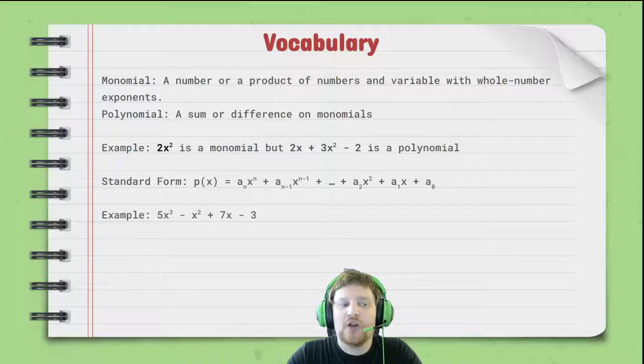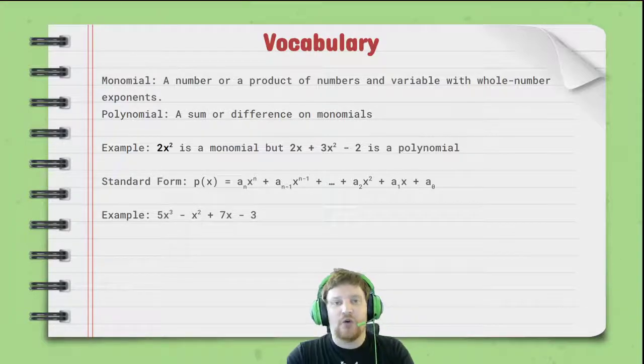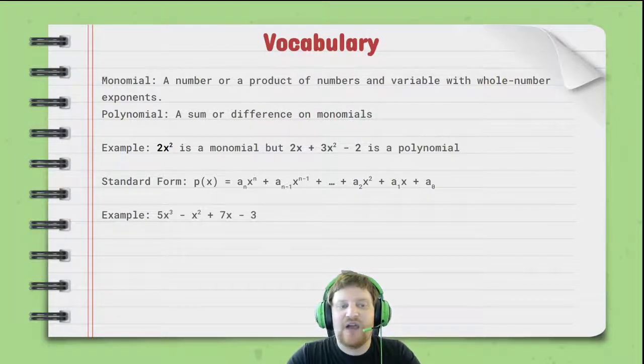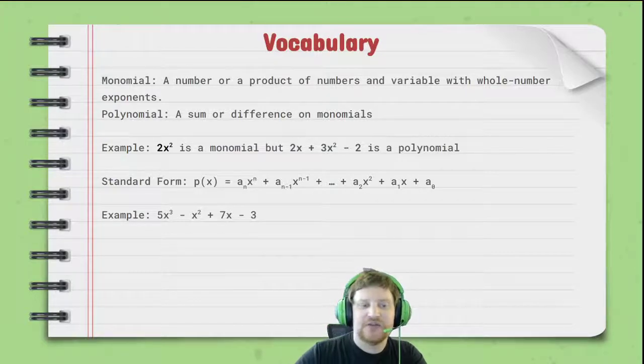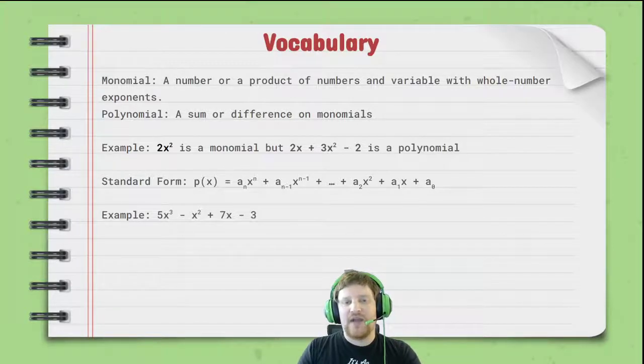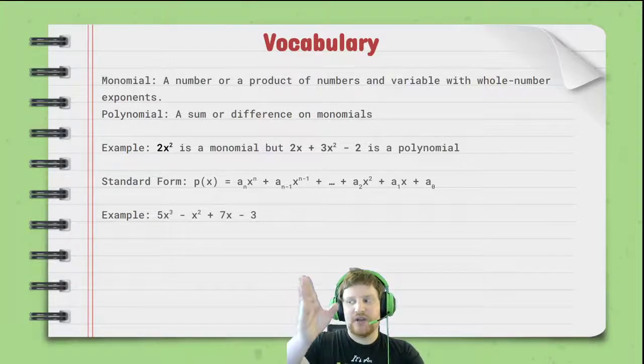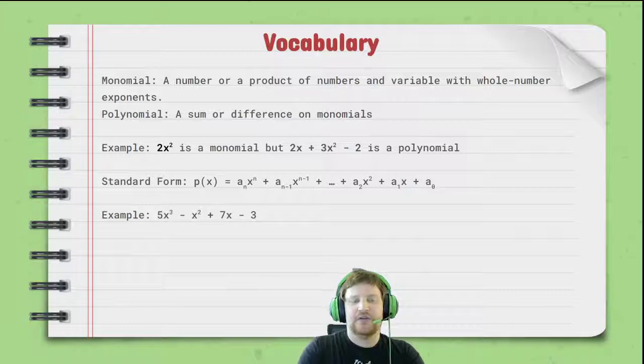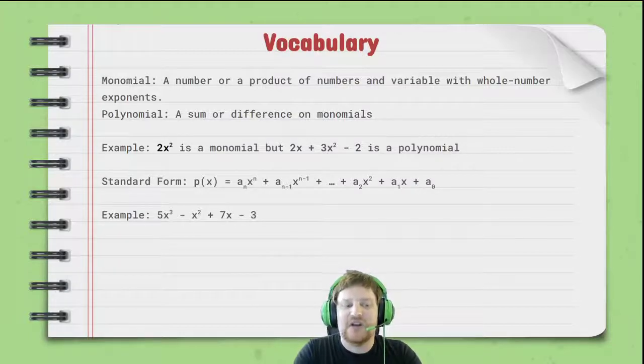Take whatever polynomial you're talking about and order the monomials from largest to smallest. So if you have 5x to the third minus x squared plus 7x minus 3, our exponents go 3, 2, 1, 0. And that gives us standard form for that polynomial.